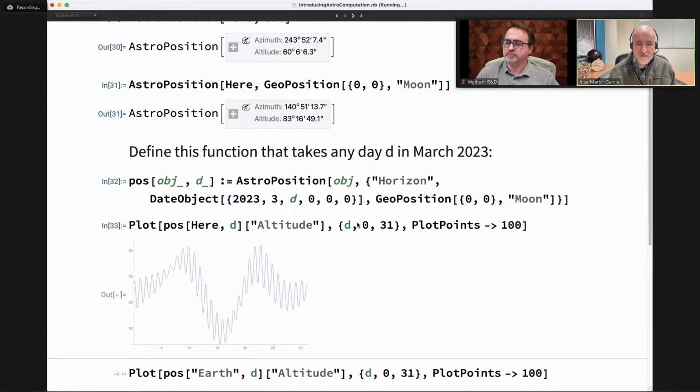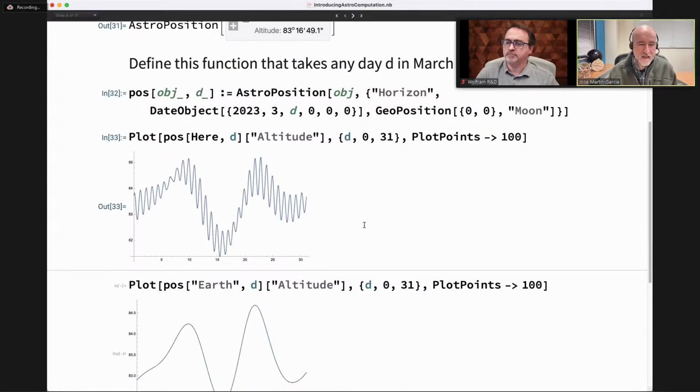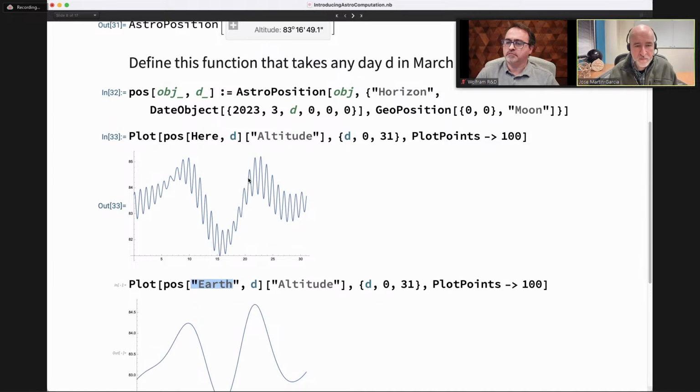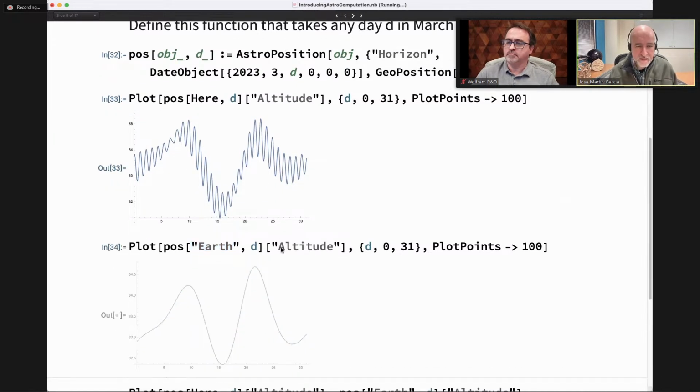And if we plot that function, here's what we see. We see this global motion, which is the motion of the center of the Earth. What we are seeing here is the librations of the moon, the fact that the moon is wobbling a little bit with respect to our line of view. And that's this line. And then what we see here is simply the rotation of Champaign around the center of the Earth.